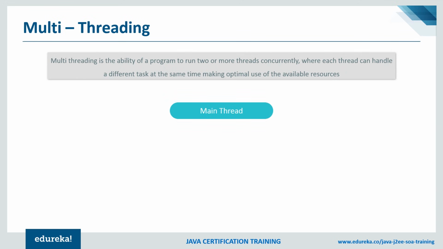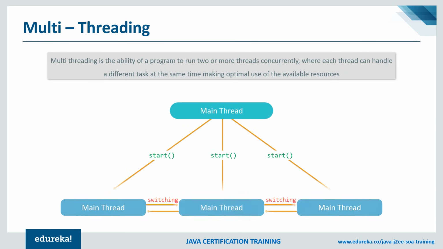Let's say there's a main thread, and the main thread is going to start some child threads, and there can be some switching between these child threads, because they are going to perform the jobs, and time slicing will come into action where some jobs of thread A will be finished, some jobs of thread B, some jobs of thread C. So there will be a switching between the execution of the threads.